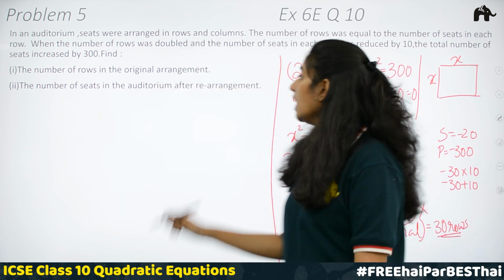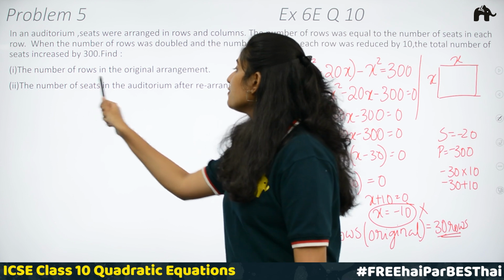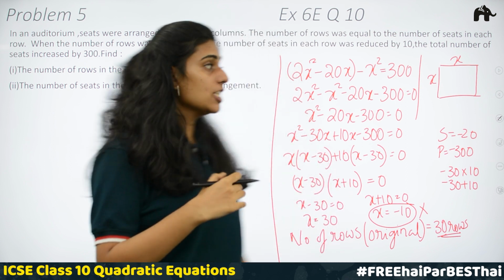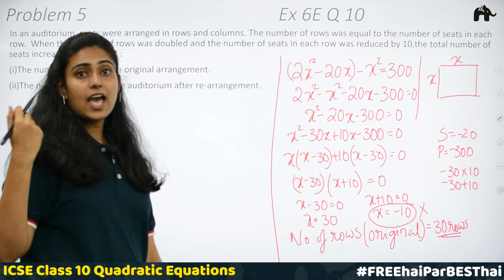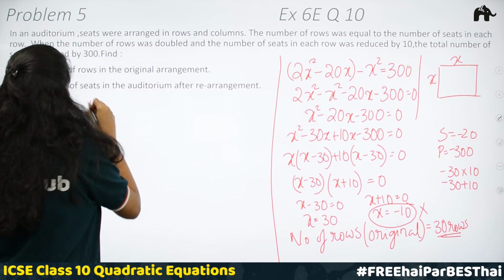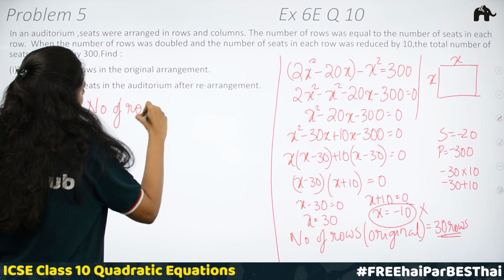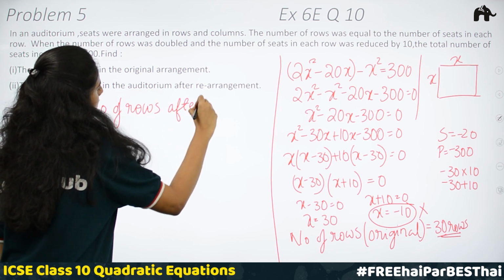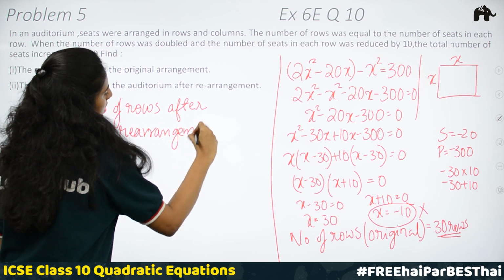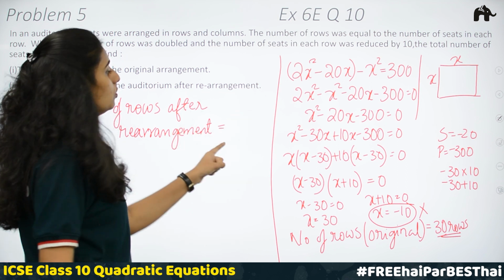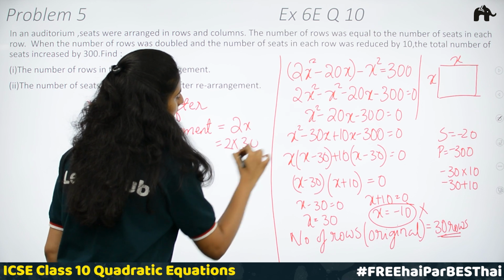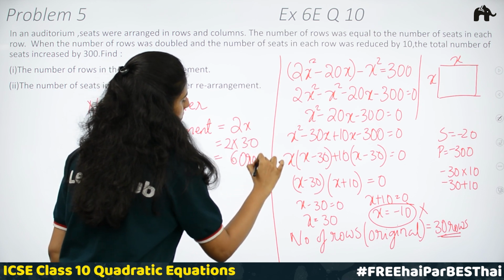Now the second part, the number of seats in the auditorium after rearrangement. Here we have a relation connecting the number of rows in the original and the number of rows in the second case, that is after rearrangement. Number of rows after rearrangement is equal to 2x, that is 2 into 30, which is 60 rows.